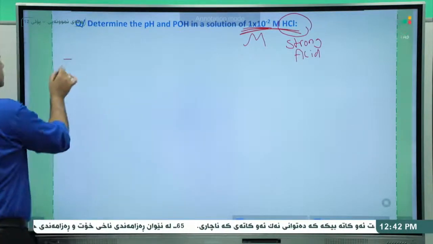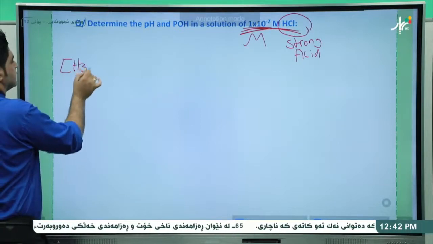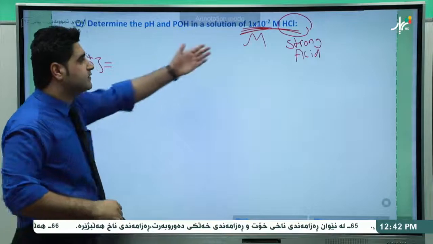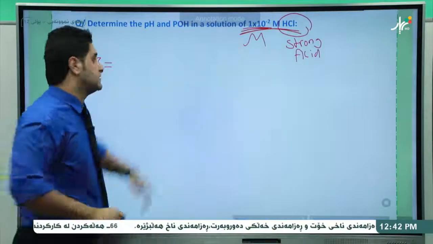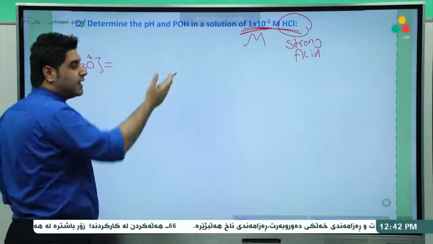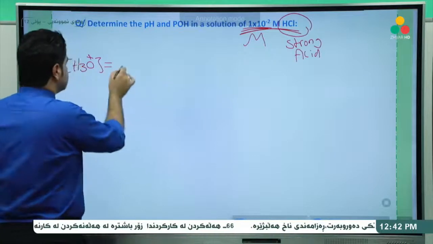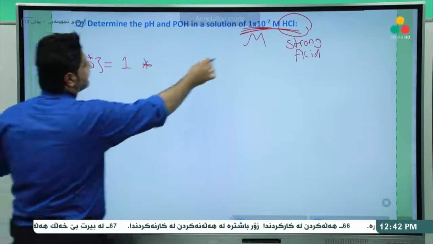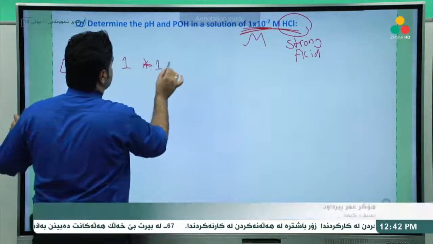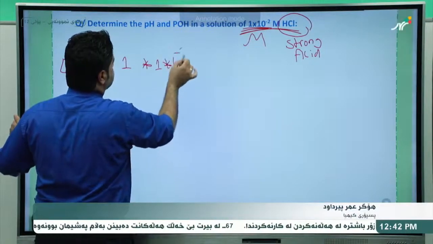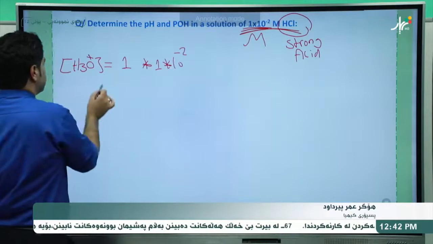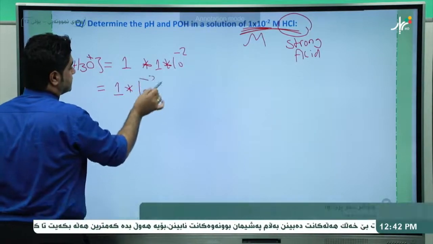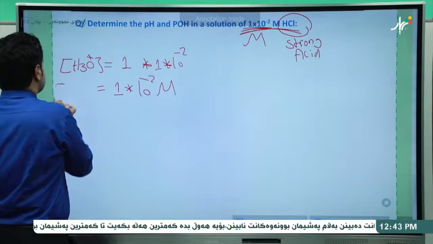So first of all, hydronium ion, H3O, is equal to number of hydrogen times the concentration. The number of hydrogen is 1, and the concentration is 1 times 10 to the negative 2. So the hydronium ion is equal to 1 times 10 to the negative 2 molar. This is the hydronium ion.